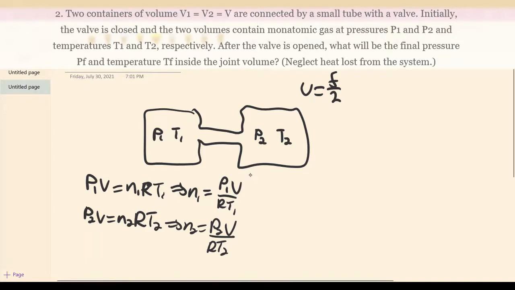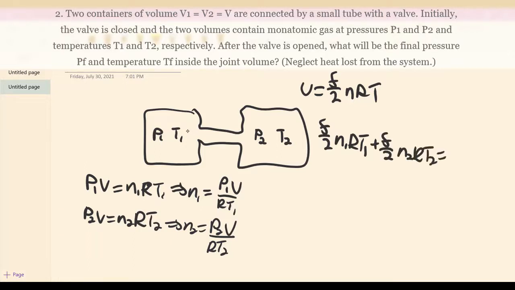So then from conservation of energy, we have that f over 2 times N1 R times T1, this is the initial energy of this first container, plus f over 2 times N2 R T2 is equal to the final energy, which is of course f over 2 times N1 plus N2 times R times T final.